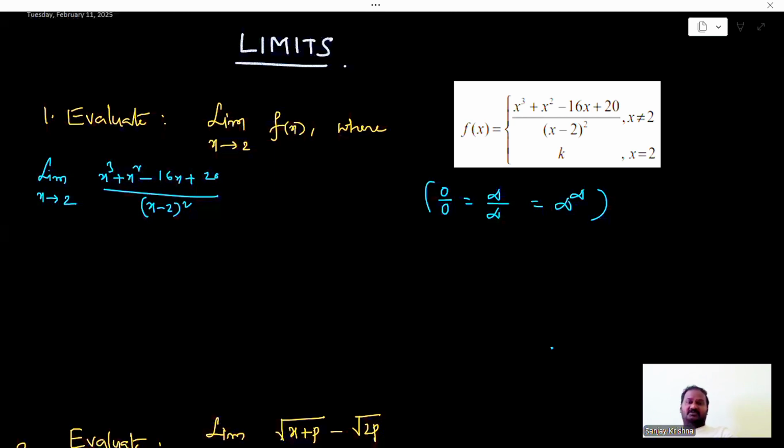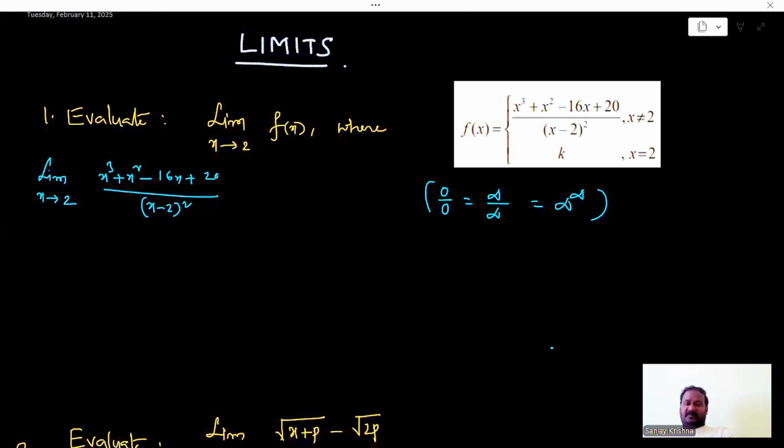Since x minus 2 whole square means the factor x minus 2 twice, the polynomial can be 0 twice for x is equal to 2. So the numerator is exactly divisible by (x minus 2) whole square. Since the numerator is a third degree polynomial and (x minus 2) whole square is a second degree polynomial, you will get one more factor for the numerator other than x minus 2. Let us find out what that one more polynomial is.